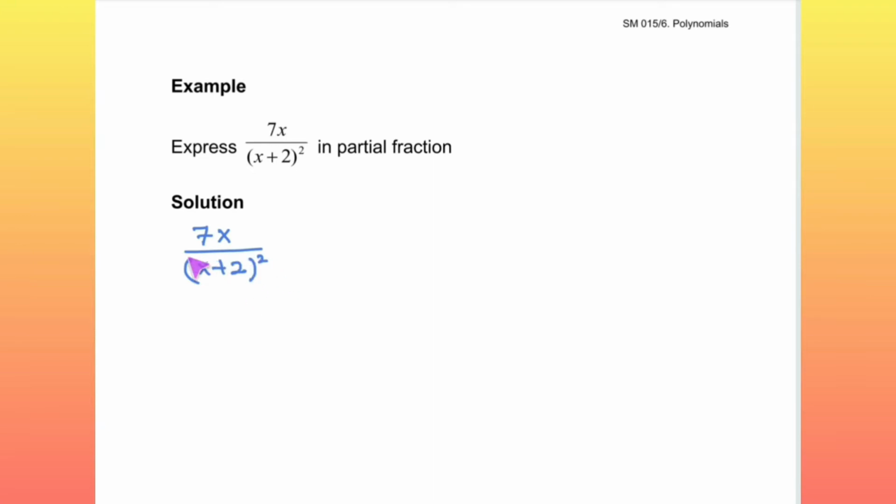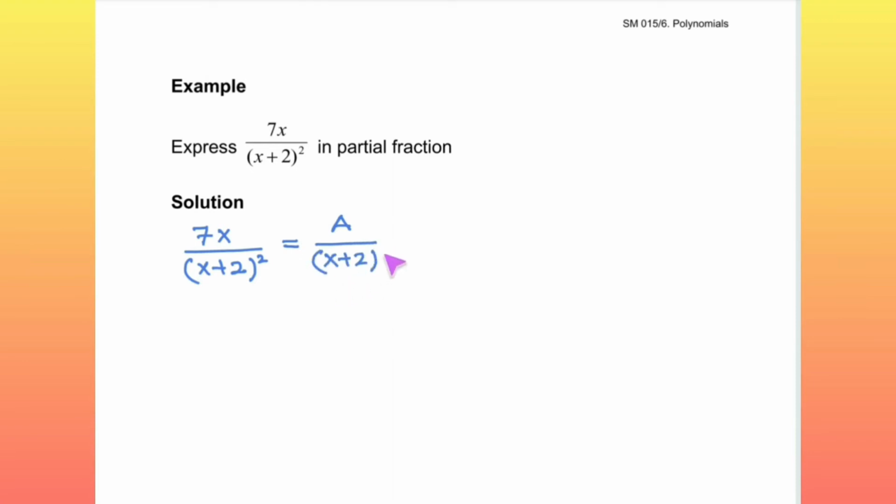Let's check the denominator. In the bracket we have the linear factor x plus 2, but we have the bracket squared, which means it is a repeated linear factor. To split into partial fractions, because it is a linear factor in the bracket, it will be a constant in the numerator, so A over x plus 2.